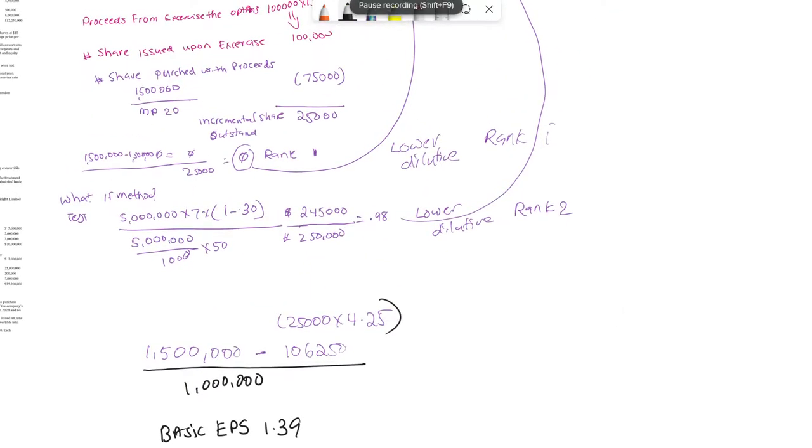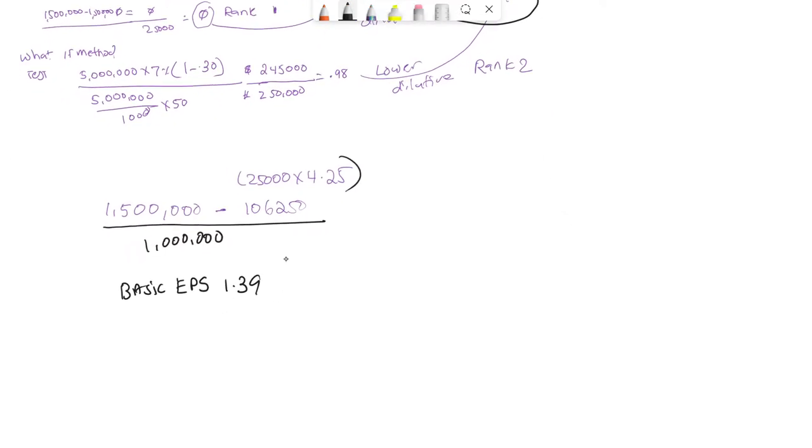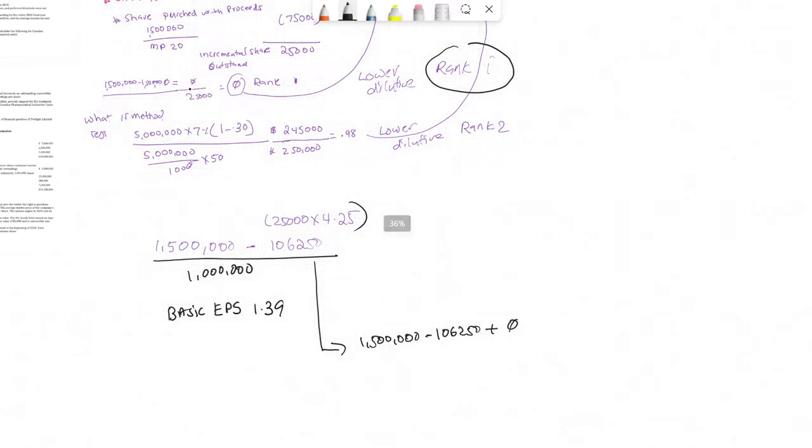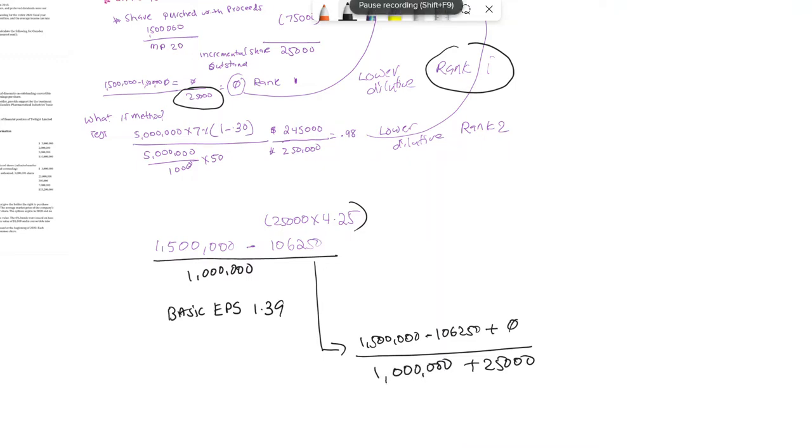Now, which one is my ranking? Ranking 1 will go into my calculation first. So I'm going to go one more step. 1.5 million didn't change. My preferred dividend did not change. I add 0 at the top, and at the bottom, I'm going to add the 25,000. That's the number of shares that we issued. So in this case, the 1 million and the 25,000. And what did I get?